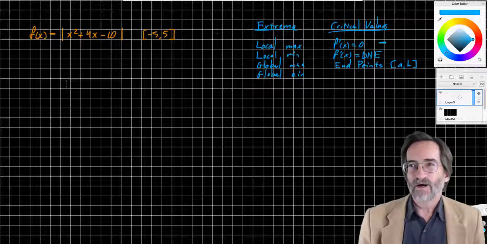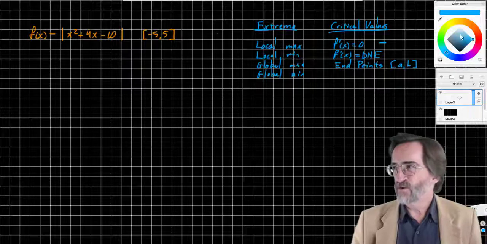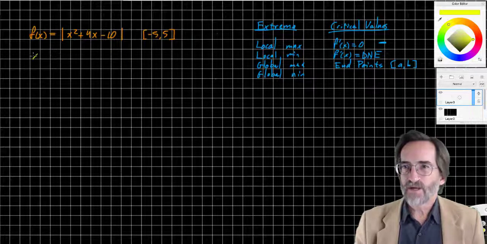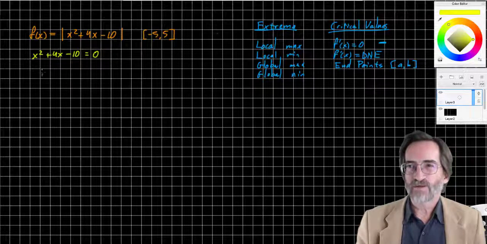Those are non-differentiable. That would be anywhere the contents are 0. So let's find that here. We're going to say x squared plus 4x minus 10 equals 0.